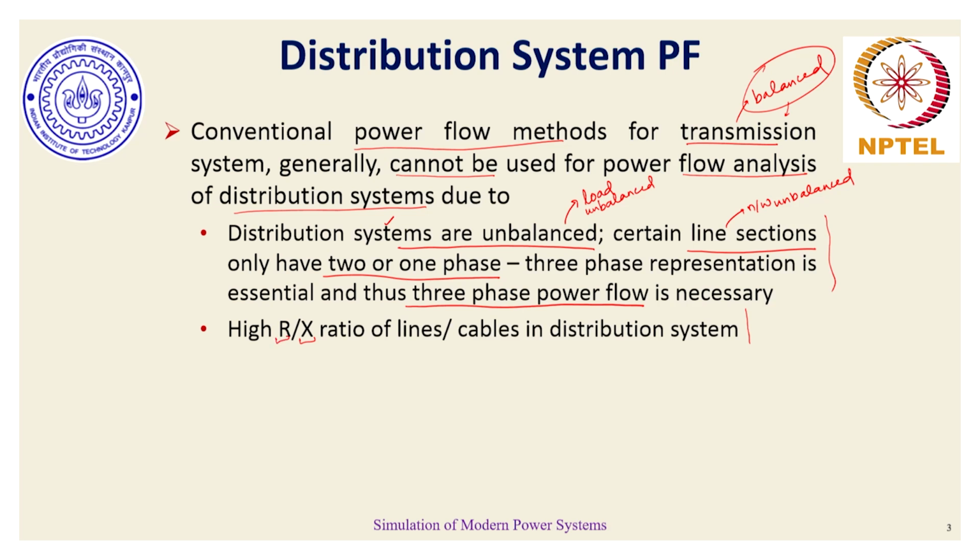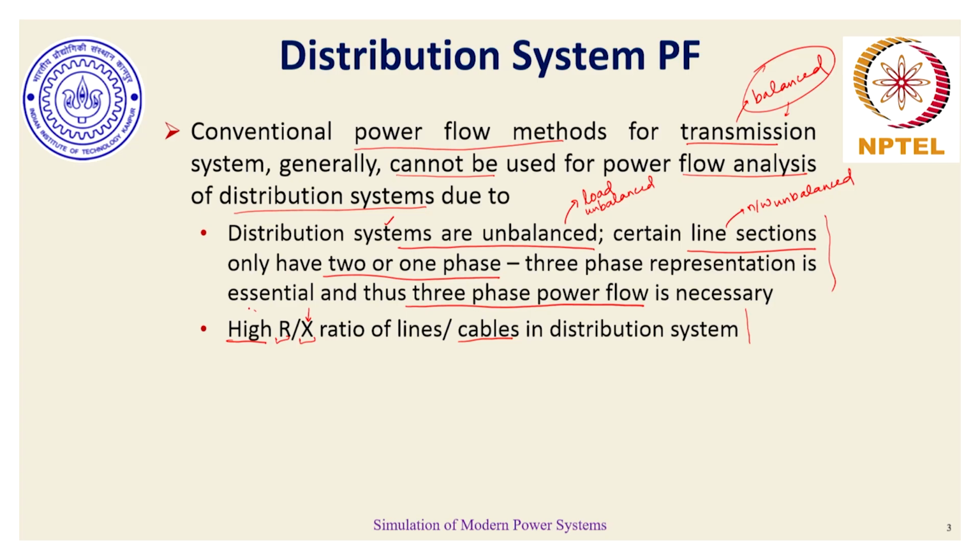In fact, one can also say that if I were to use the same transmission line conductor or cable in the distribution network, because of low operating voltages, the line will exhibit lower reactance, as a result of which the same transmission line conductor will exhibit high R by X ratio when it is used for distribution network. This is a theoretical discussion. Practically, transmission line cables and distribution line cables have different designs because of different levels of operating voltages.